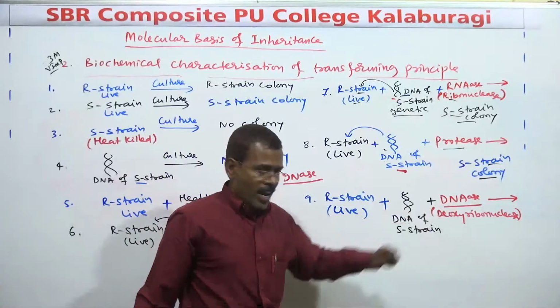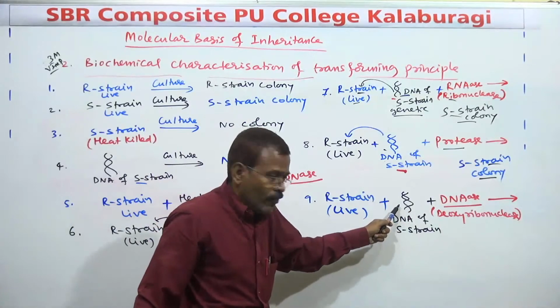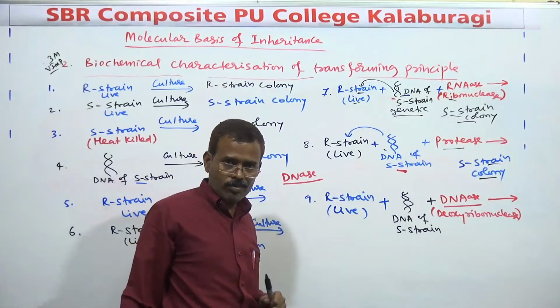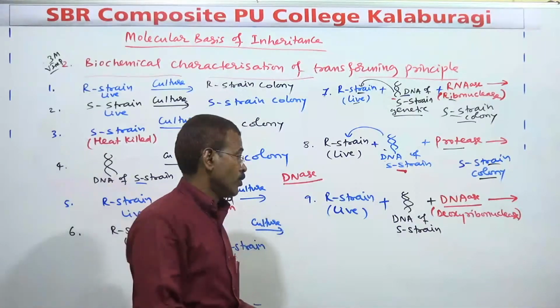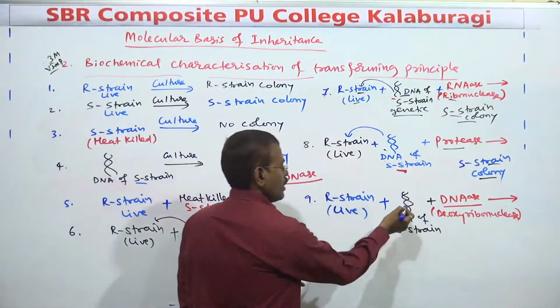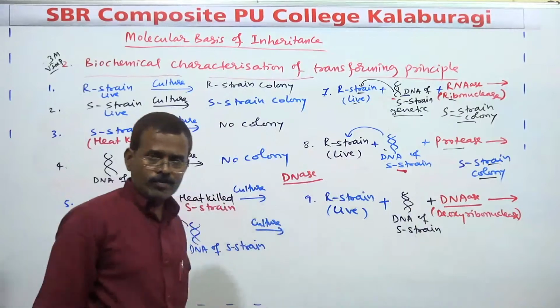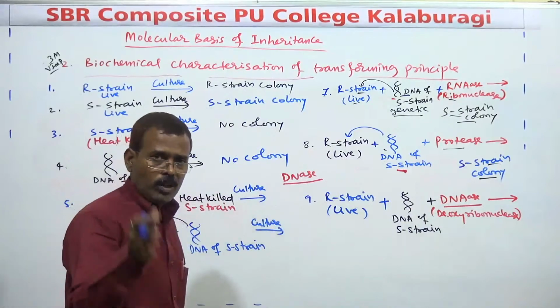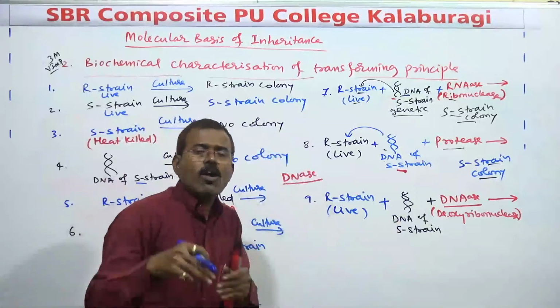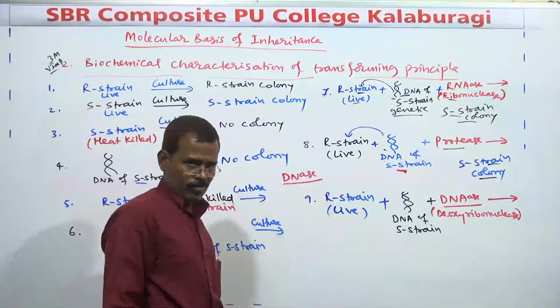So here, this enzyme can act on this free DNA of smooth strain, freely available as it is. So what happened here? This DNase could break down the DNA of the smooth strain, could digest it into deoxyribonucleotides.